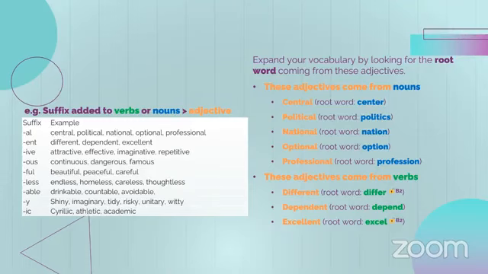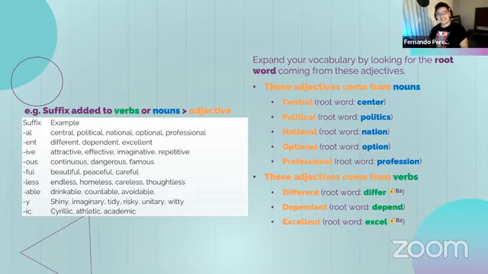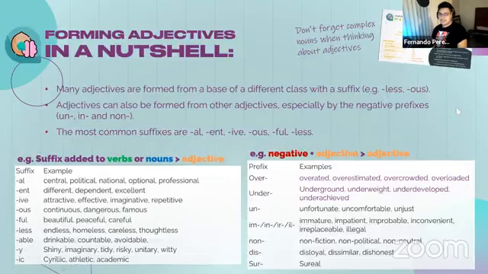Well, it was not easy. Well, after today, I hope it is. Yes, that's right. Forming adjectives is super useful. The first part that we saw is how to form adjectives in passive form using the past participle of verbs.